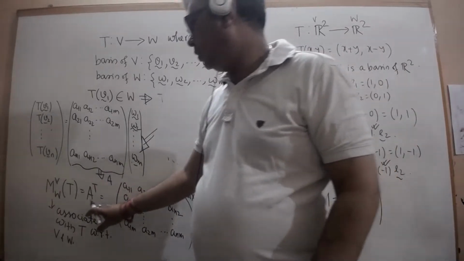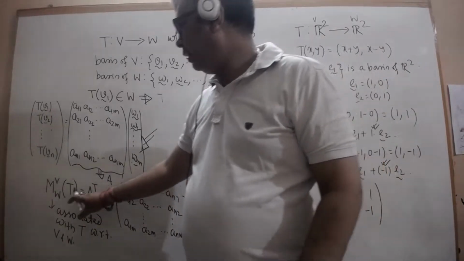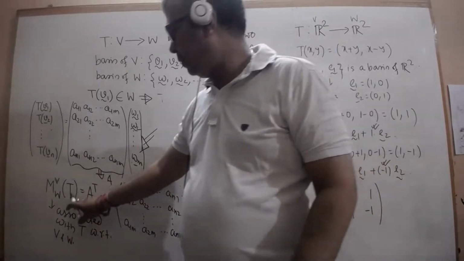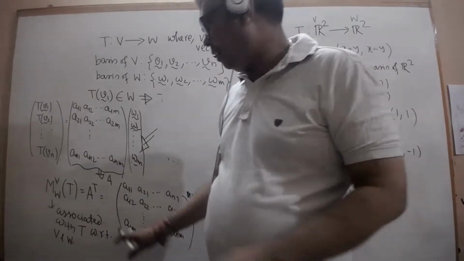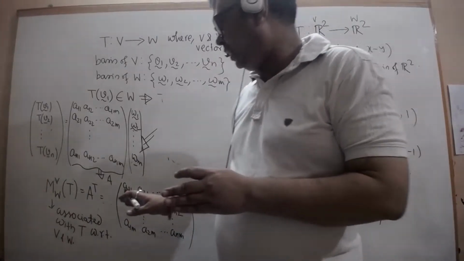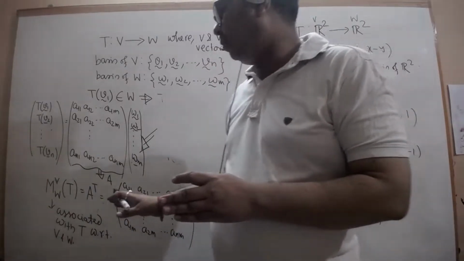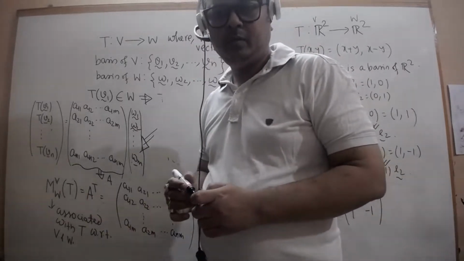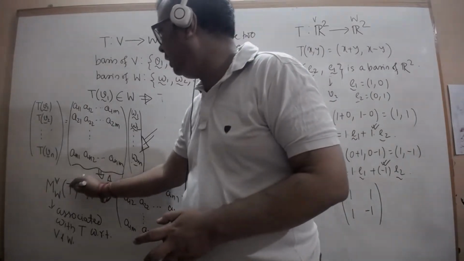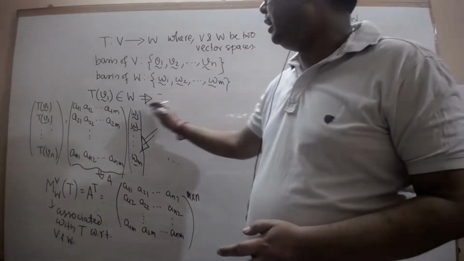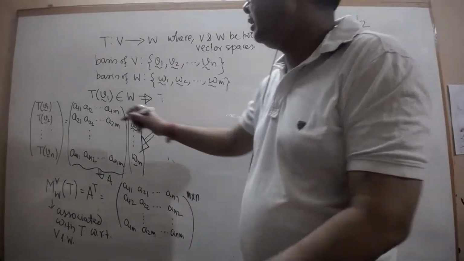This matrix is associated with T with respect to V and W. And this name V W T comes from this.